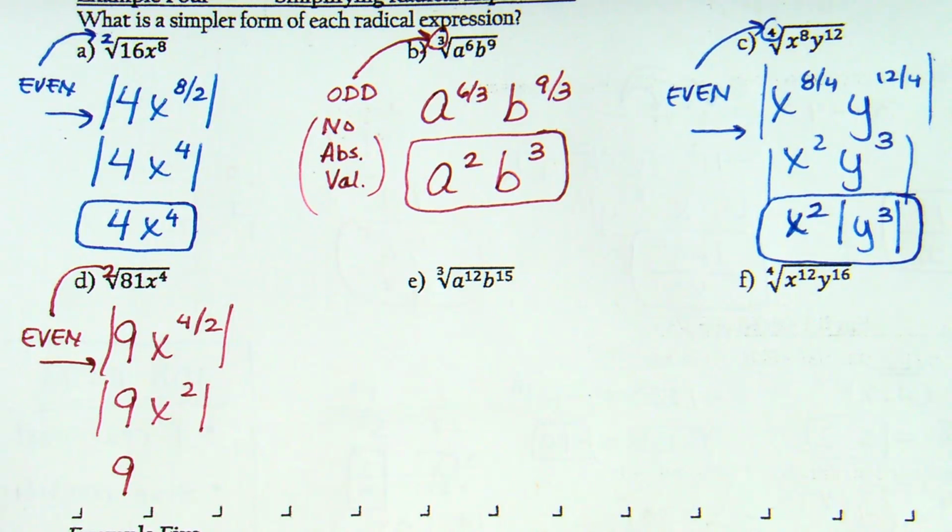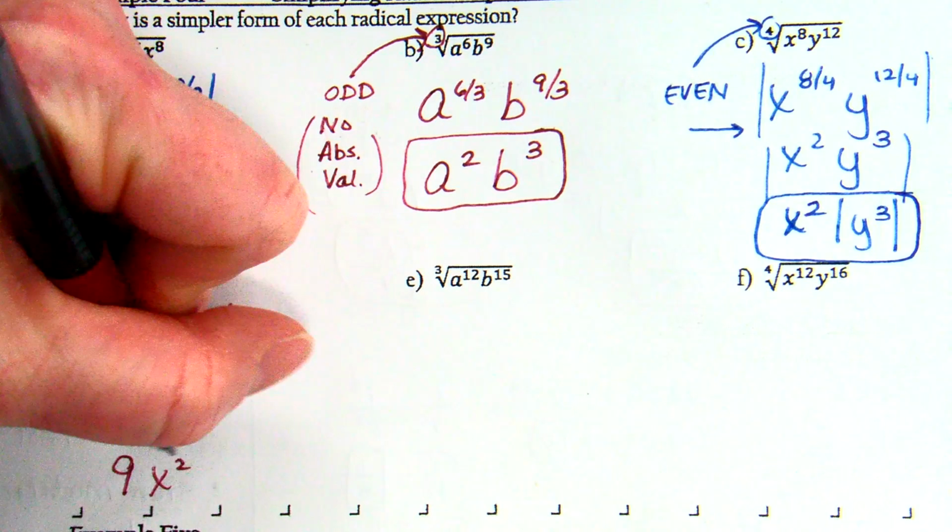Could x squared be negative? No. Say x is negative 5. So x squared is going to be negative 5 times negative 5. What's a negative times a negative? Positive. When you multiply a negative times a negative, it's always going to be positive. So this does not need absolute value. It is just 9x squared.